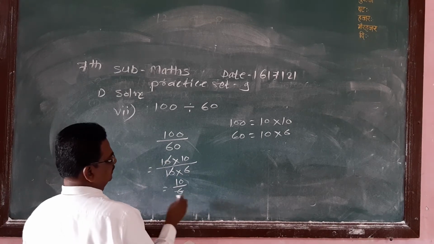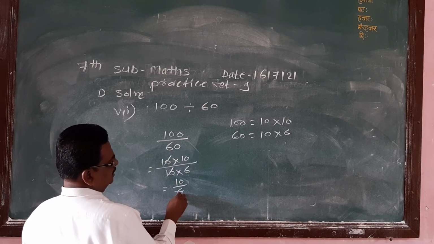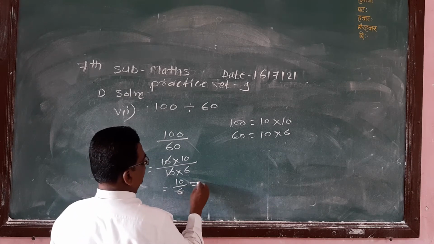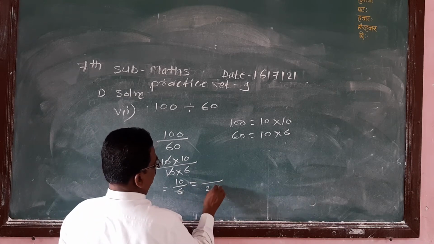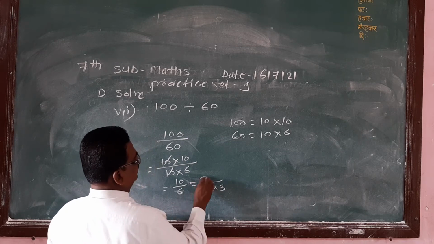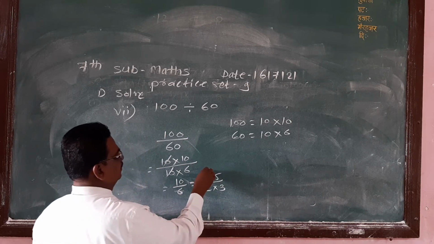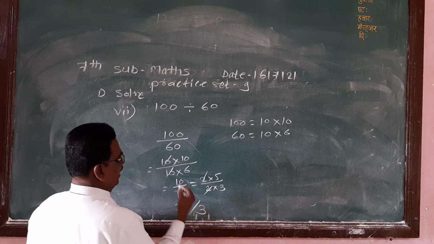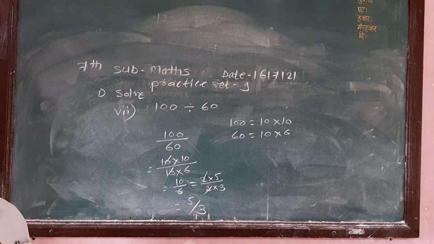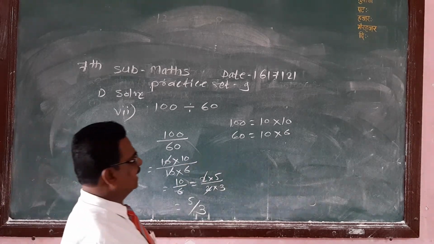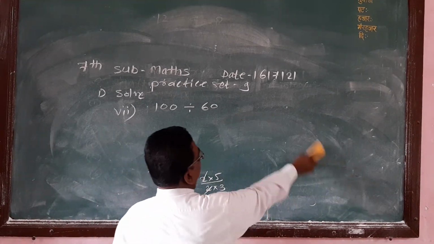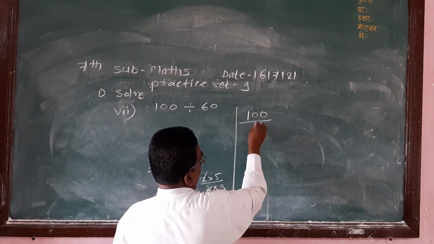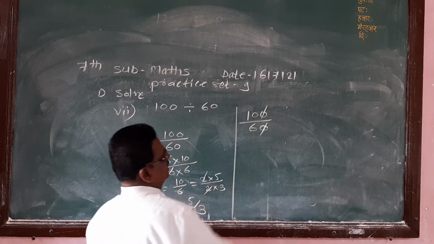Then 6 we will write as 2 into 3, and 10 as 2 into 5. Cancel 2, 2, which is equal to 5 upon 3. Or another method: 100 upon 60, cancel 0, 0.